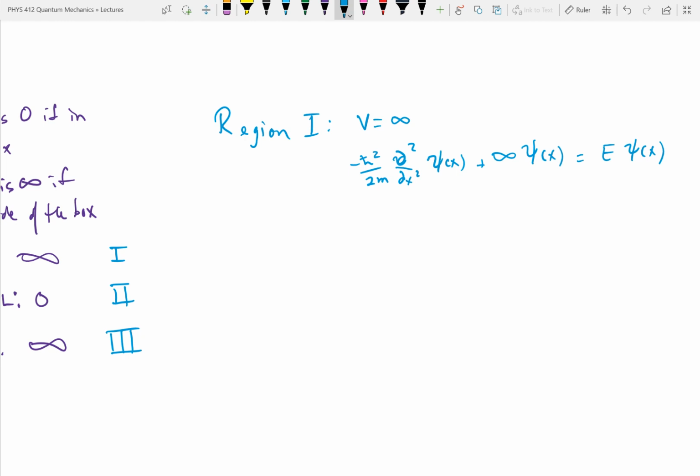this doesn't take really large thinking power. Since I have psi multiplied by infinity, what's the only way to make this equation true? Psi 0. Yeah. So this has its only solution is the trivial solution.